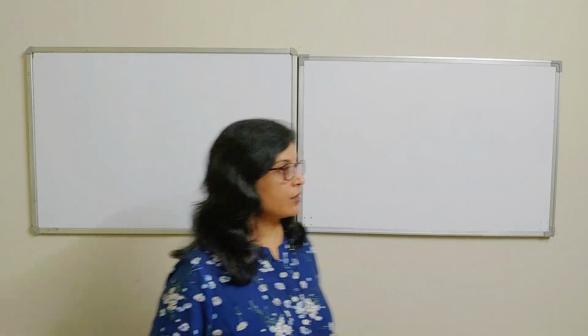Good morning, children. In today's class we shall see how to solve linear equations in 2 or 3 variables using the matrix method. Matrix method basically means using matrices and concepts of matrices to solve linear equations.